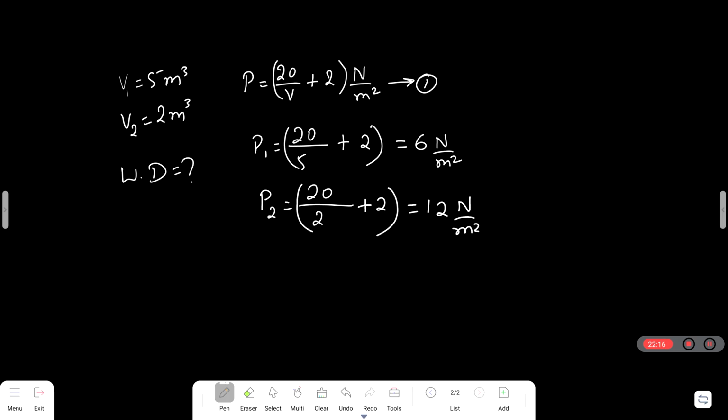What is the task given to us? Work done. Now, can anybody tell me which work equation to use? Whether it is constant pressure, or constant volume, where work done is 0, so we will not bother about that. Whether we have to use constant pressure, constant temperature, or polytropic work equation.